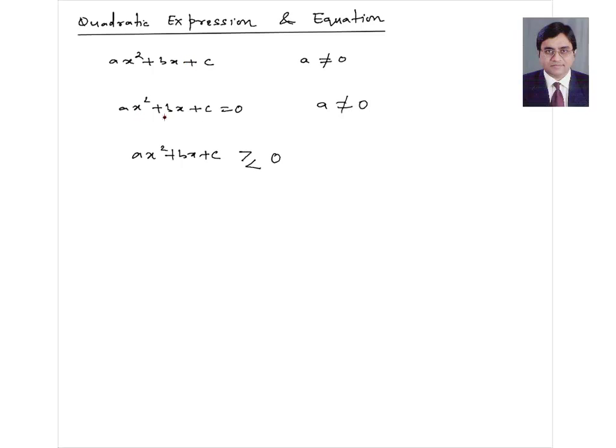When we talk about equation, then we rather call it root. So if alpha is the root of the equation, then it would mean that it would satisfy the equation. So when we say quadratic expression, we don't use the word root. Root word should only be used for equation.